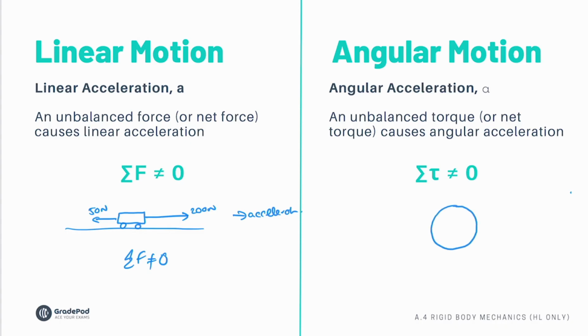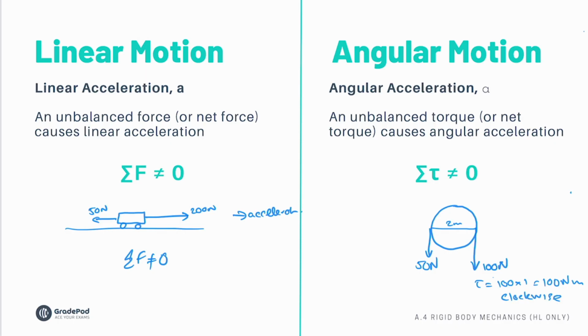If we have a pulley and we have one person pulling the pulley with 100 newtons and another person pulling the pulley with 50 newtons, and let's say the diameter is 2 meters, this person is providing a torque of 100 times 1, so 100 newton meters, and that's clockwise.